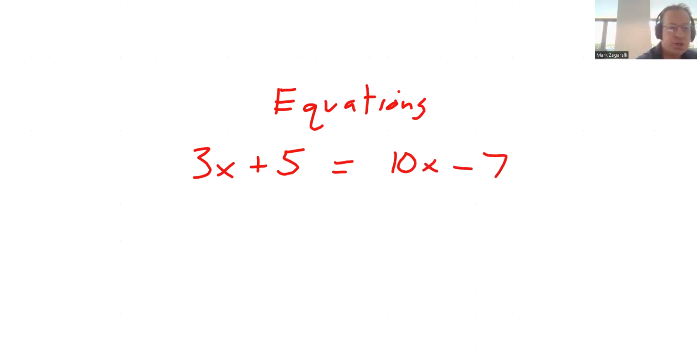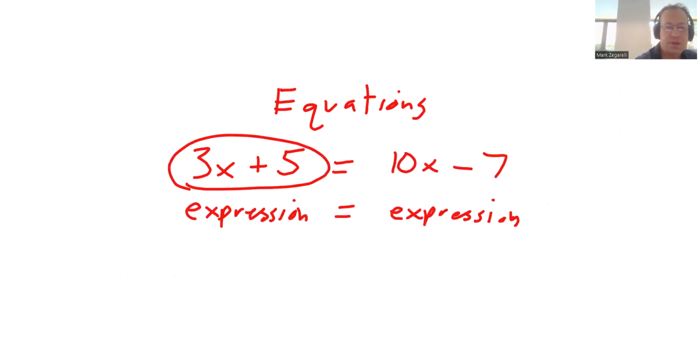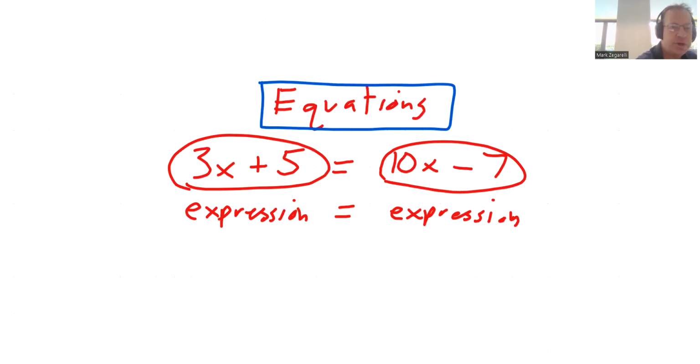And equations are made up of an expression set equal to an expression. So this is an expression, and this is an expression. And the main idea, the main thing you want to try to do in algebra is to solve equations. That's the main event.